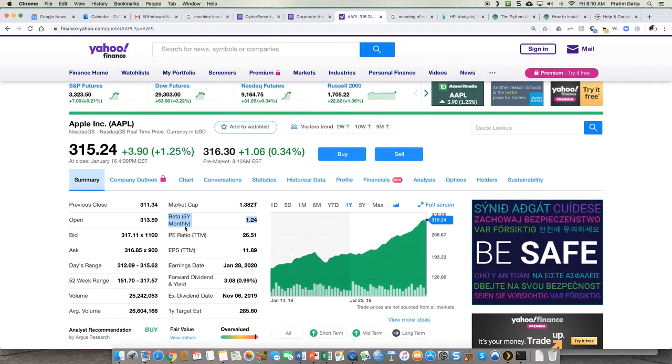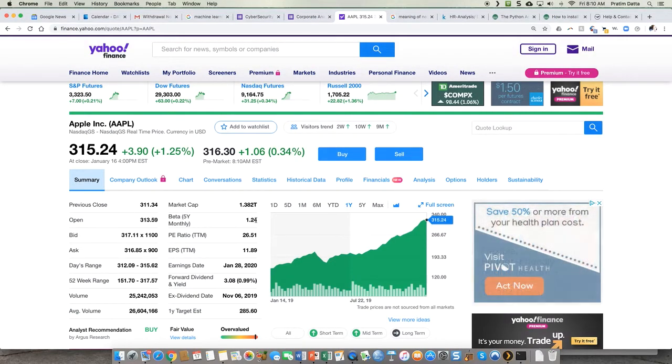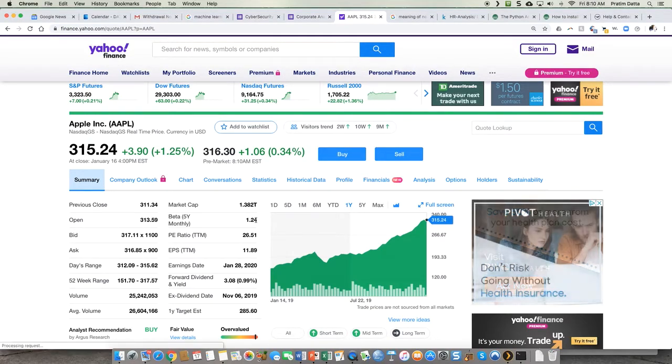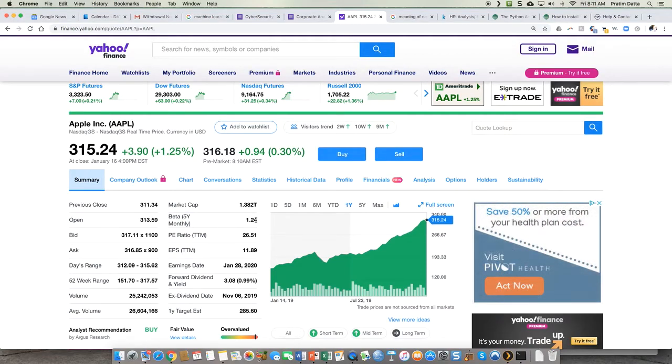And in this case, the beta says it's 1.24, which means that every time the market, in this case, let's suppose it's the S&P 500, moves by a point, Apple stock's likely to move by 1.24 points. So it's about a quarter times more sensitive than the market itself, right?